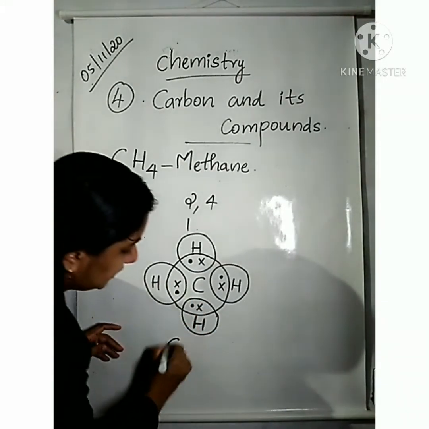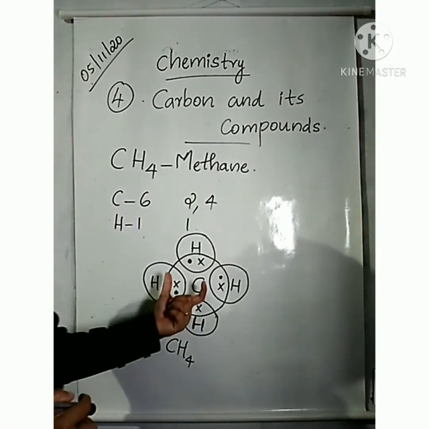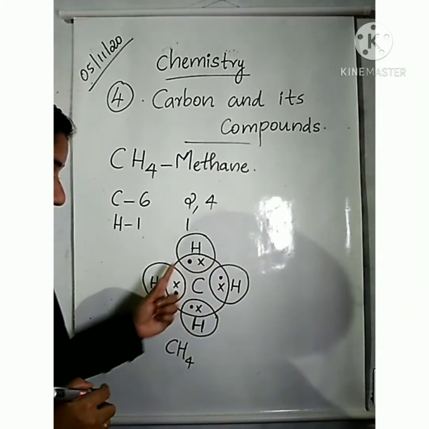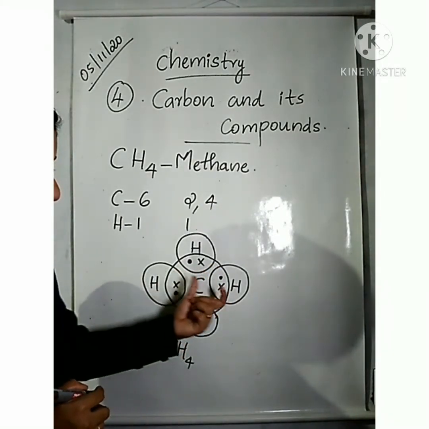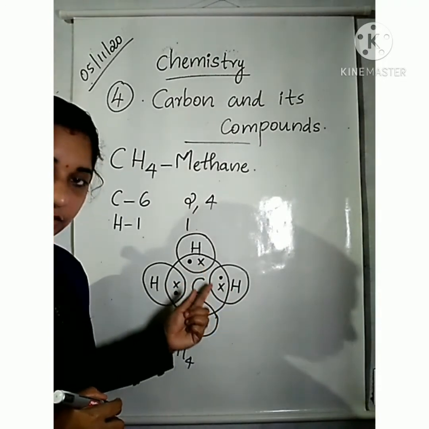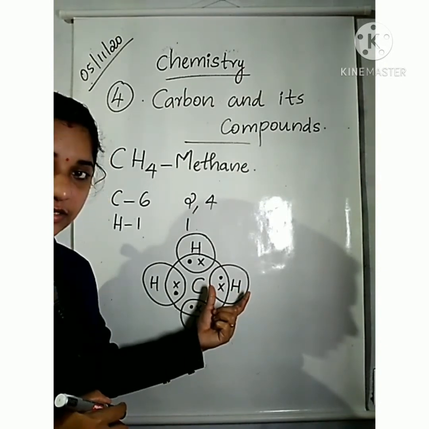Methane means CH4. Here you can see carbon has 4 valence electrons. Then they are sharing each electron with hydrogen atoms. Okay.